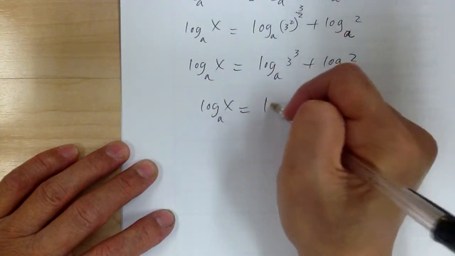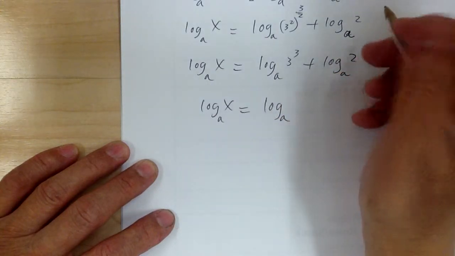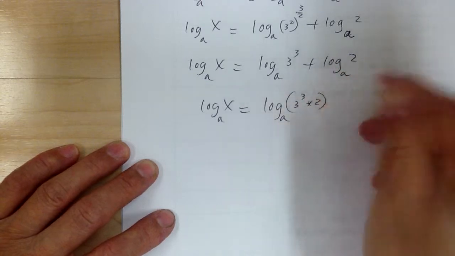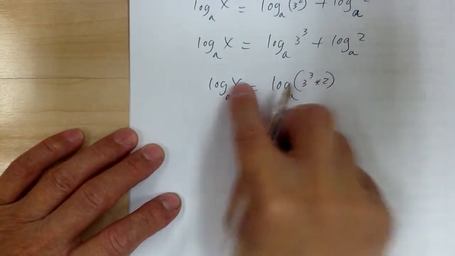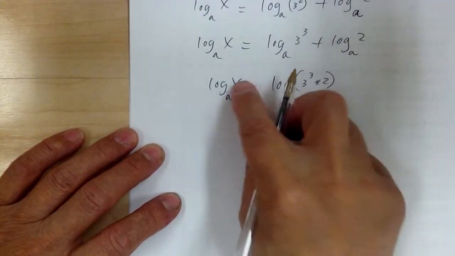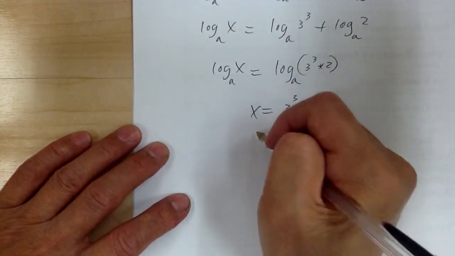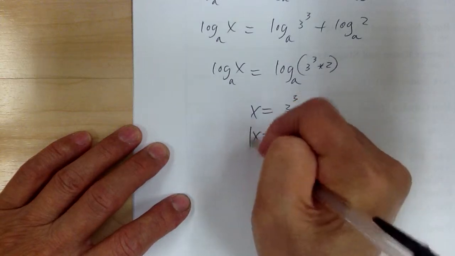So this becomes 3 cubed times 2, right? Now you can match. So you can see that x equal to 3 cubed times 2, right? Just matching. So x equal to 54.